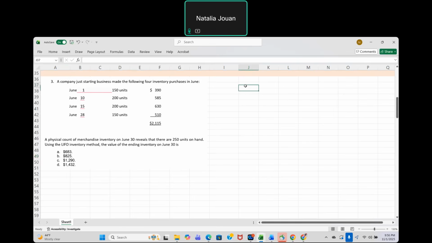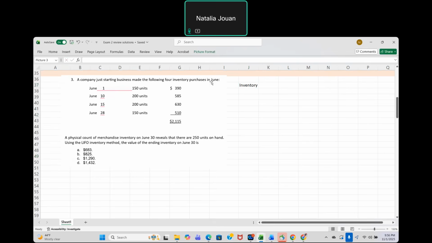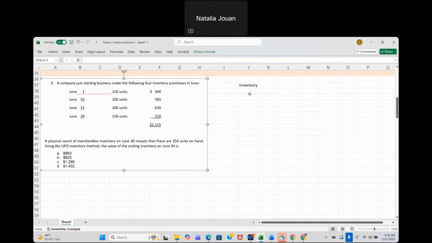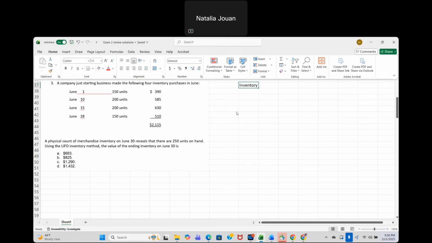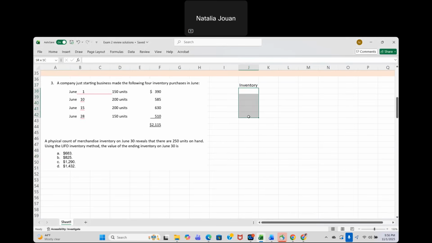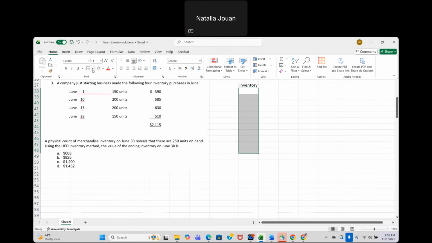Okay, so we can do an inventory account. Do a T. We have all this activity, right?